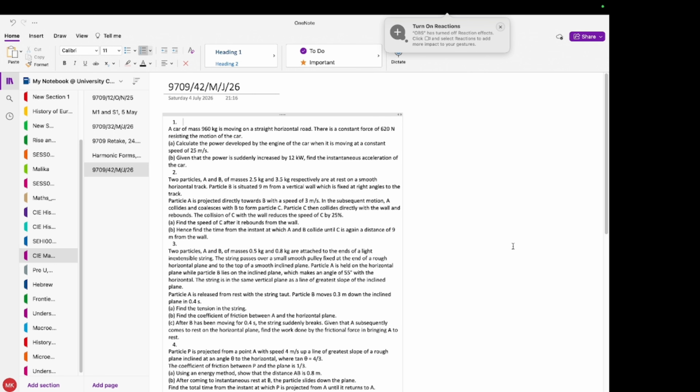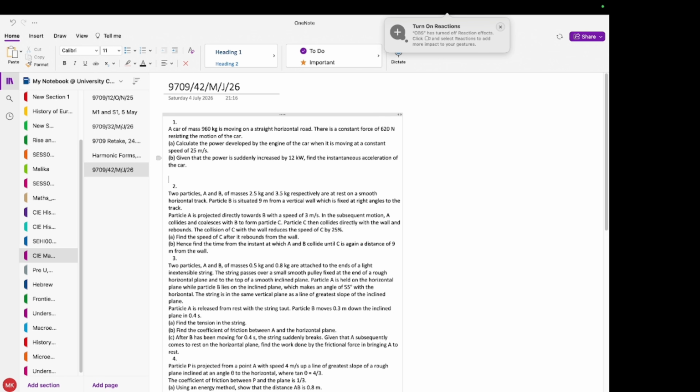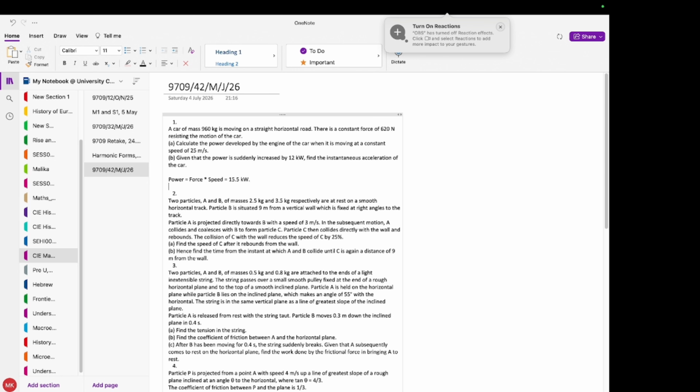So, question 1, it's a very straightforward opening. Part A simply tested power, and we know the formula power equals force times speed. So you should have gotten 15.5 kilowatts in this part question.